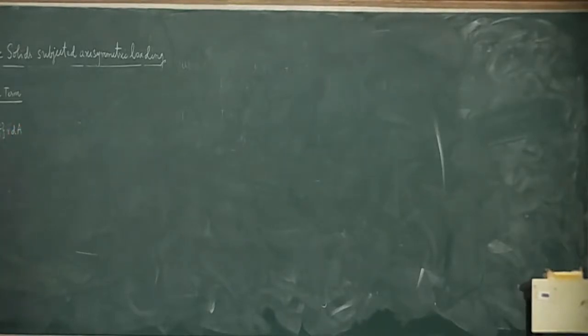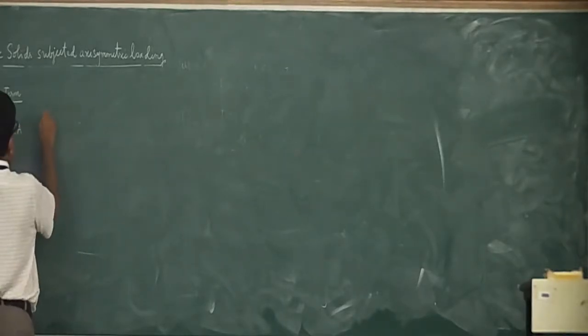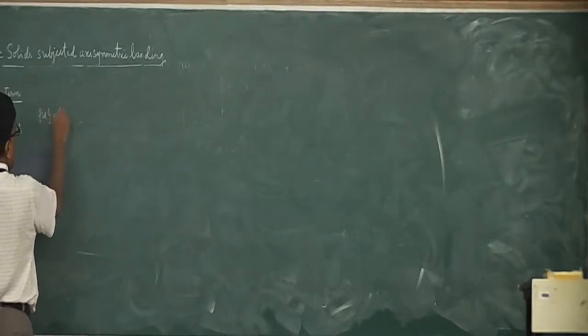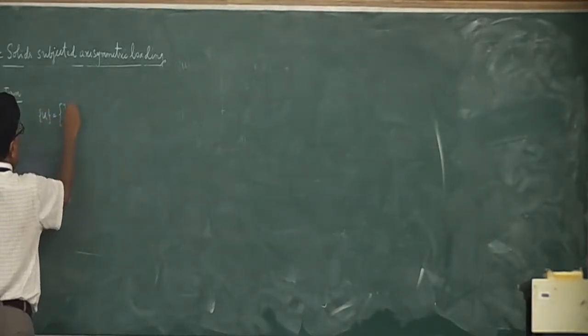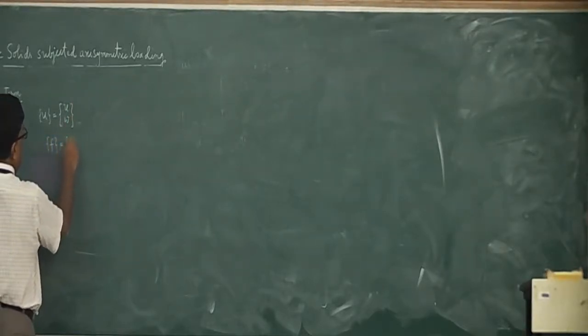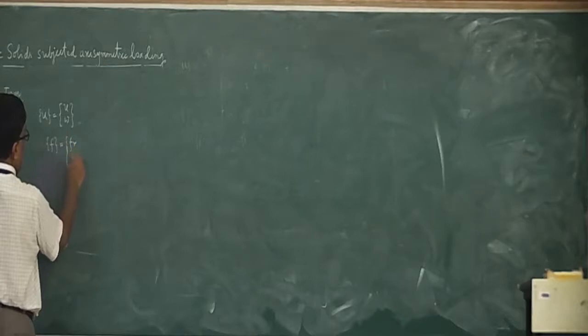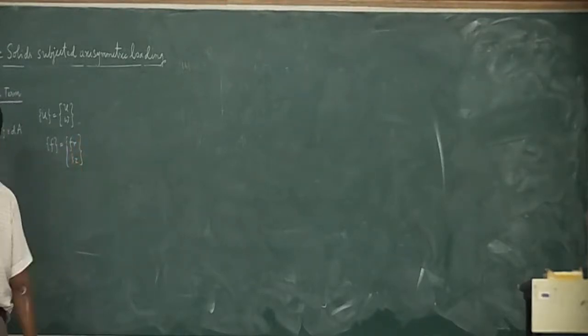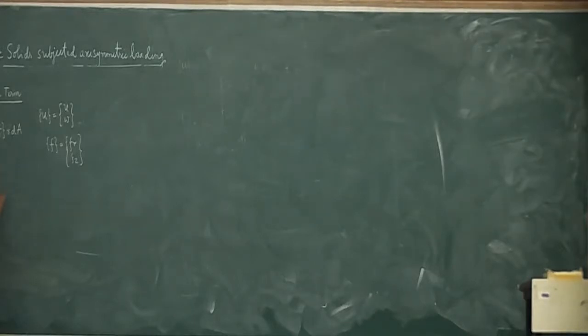And we have already seen that U is nothing but Q and W, and F is nothing but Fr and Fz. So accordingly, this will be written as 2 pi integration of U into Fr plus W into Fz into R into dA.